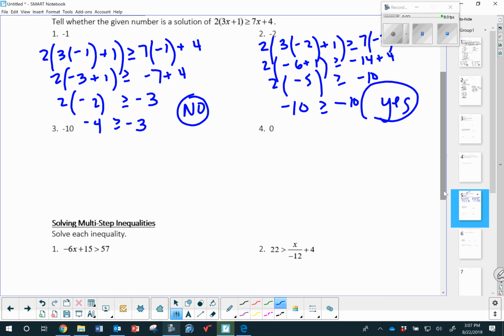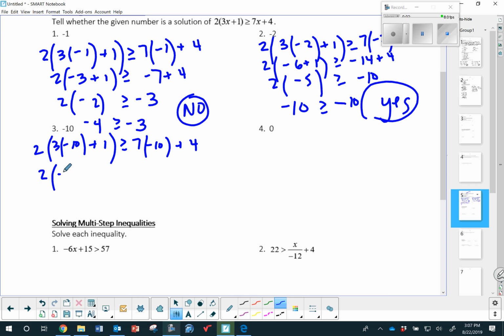All right, I'm going to try number 3 for you, and then I'm going to leave number 4 for you to try. So it should be 2 times (3 times -10 plus 1) is greater than or equal to 7 times -10 plus 4.